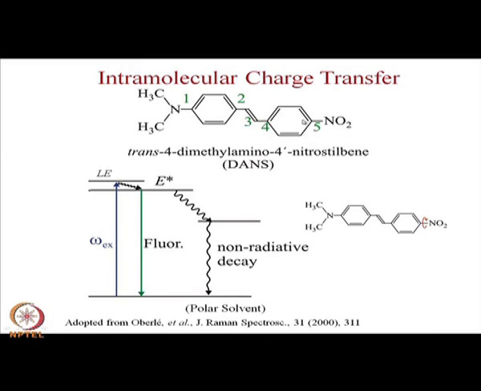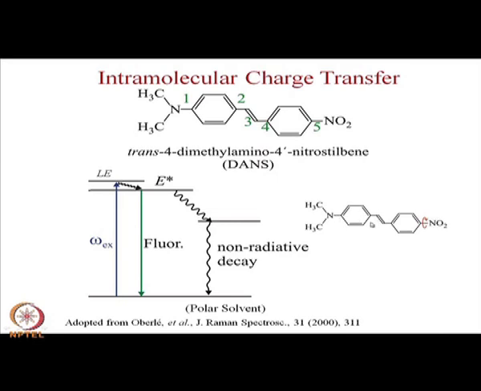So, this becomes dipolar in nature. You excite, you get a locally excited state, then you can get fluorescence from this locally excited state, and then it may undergo some process giving rise to another intermediate state, and ultimately non-radiative de-excitation giving rise to the original state back. So, you see that charge is transferred from here to here.